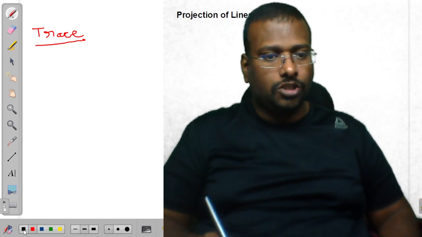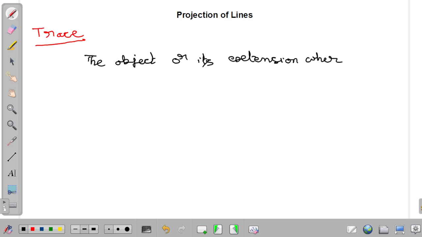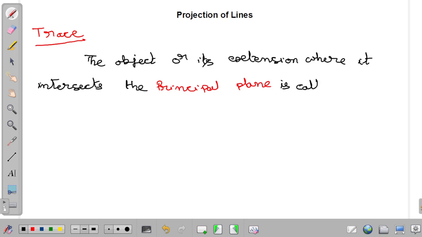So I am going to write the definition, all of you observe. The object or its extension where it intersects the principal plane is called a trace.